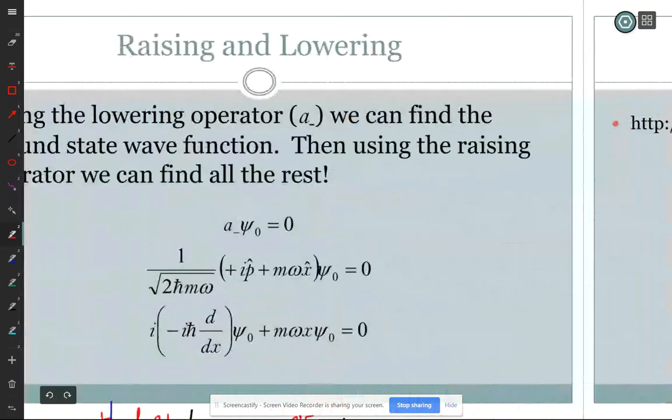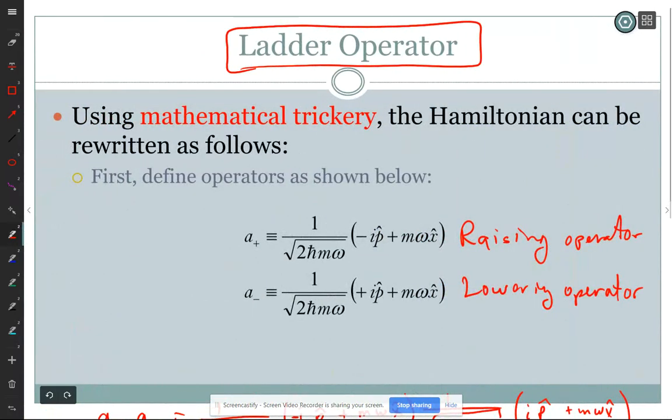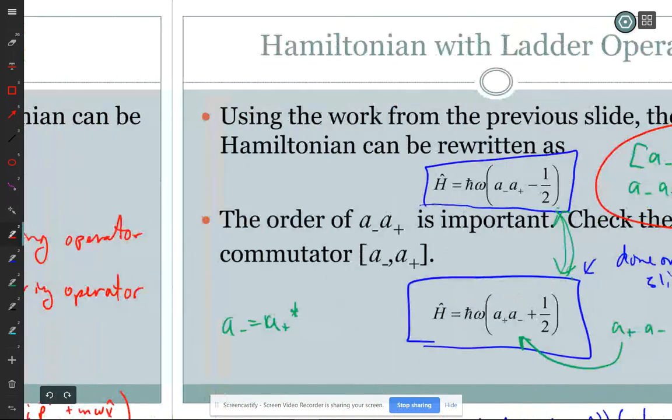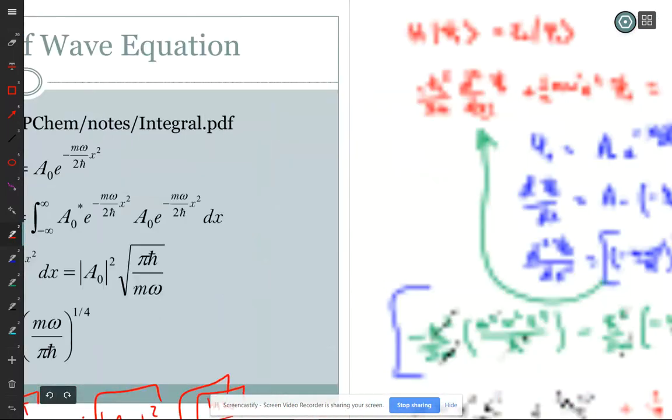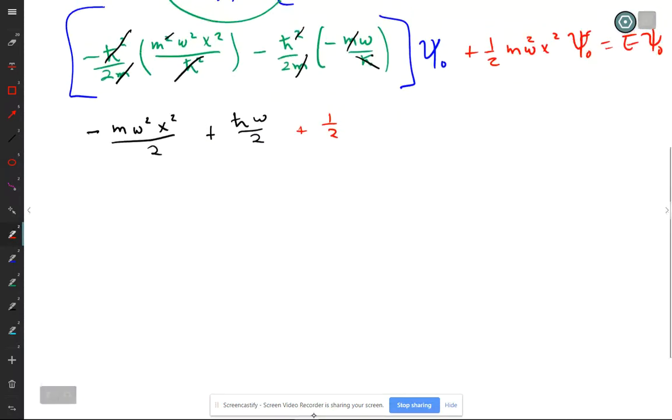If we go back to the Schrodinger equation so that we can clarify my mistake there, the Schrodinger equation has omega squared. I had only written omega, and I got to the part where they're supposed to subtract out, and then I see, whoops. So 1/2 m omega squared x squared, all of that times psi 0, is equal to E 0 psi 0.